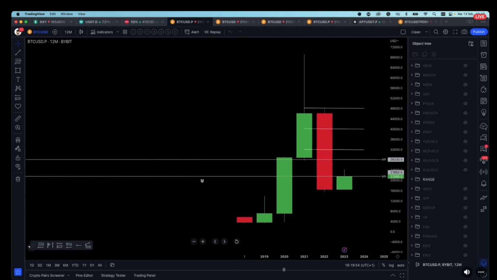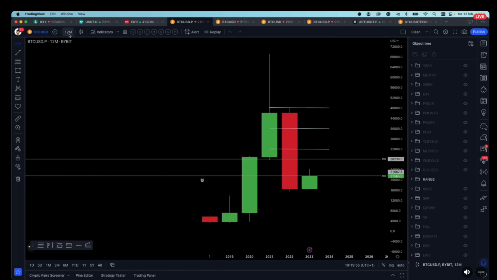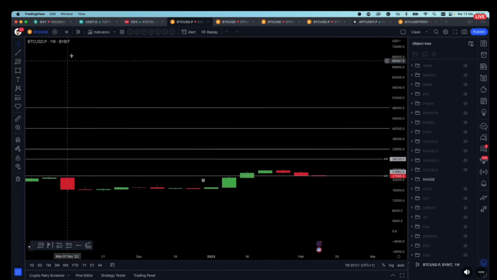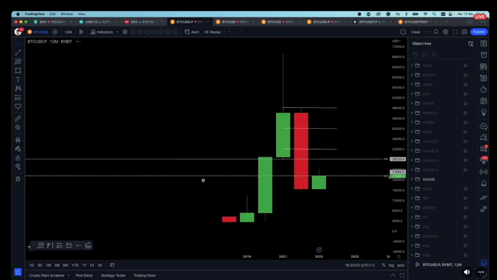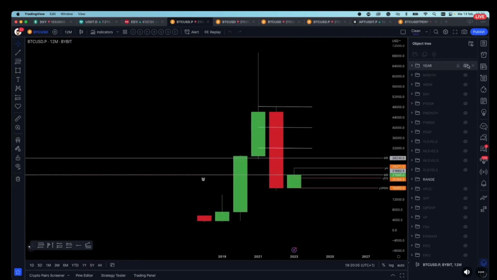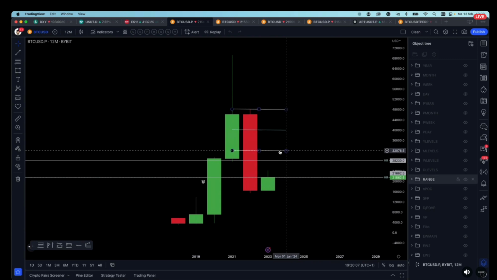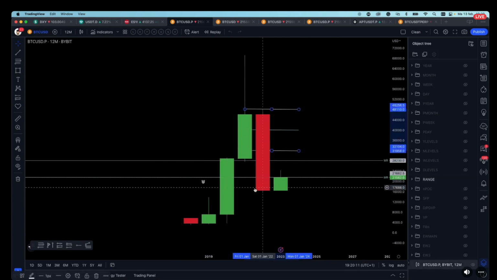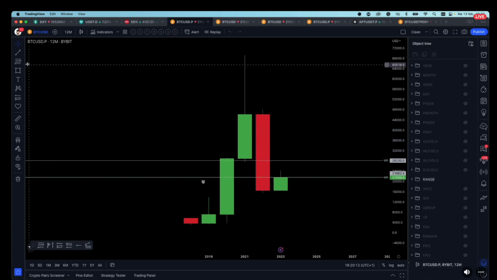Yeah, I started on the 12 monthly time frame, but I cannot go back. Yeah, not sure why. So the way that I've placed this one, I have my yearly levels. This is the top, and this was actually the bottom. So let me just show you.